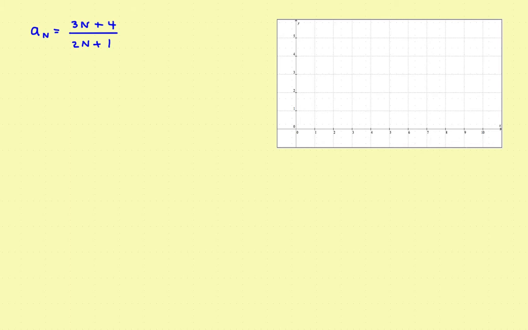So first of all, suppose we were to plot these points. If I were to take this sequence and let n equal 1, n equal 2, n equal 3, and plot them, they would look like this. Now the question is, does this thing converge? In other words, if you go way off to the right, do these blue dots seem to be approaching a fixed number? In this case, we'll draw a line and show what it looks like here.